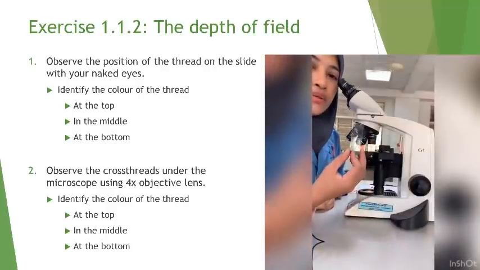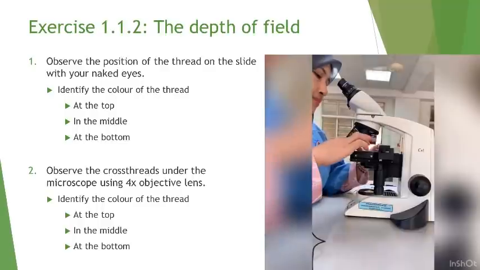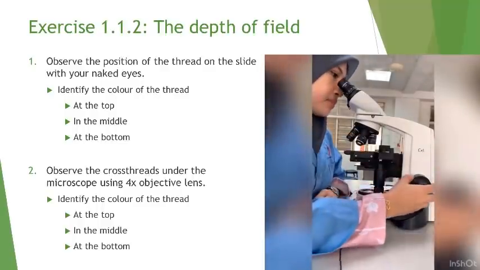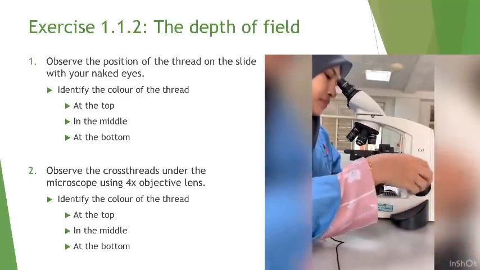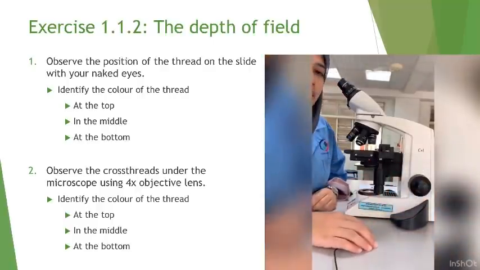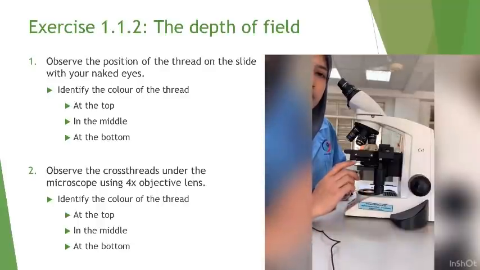After that, observe the cross-track prepared slide under the microscope using the 4 times objective lens. From what you can observe, determine the position of the threads, which one is located at the top, middle and at the bottom.